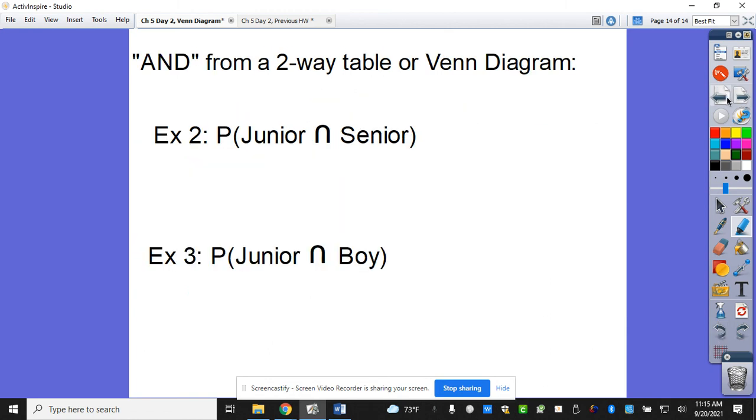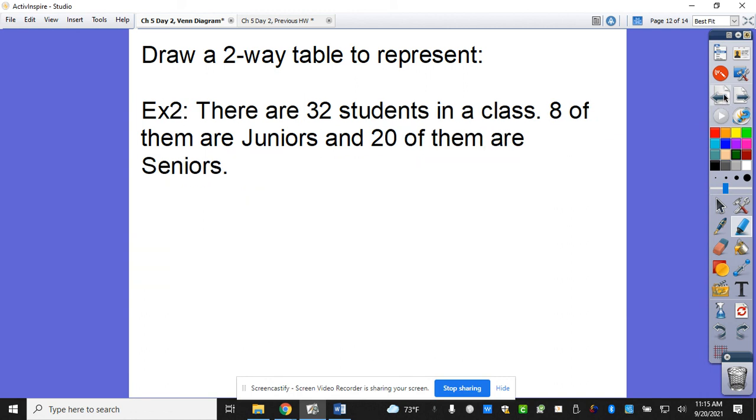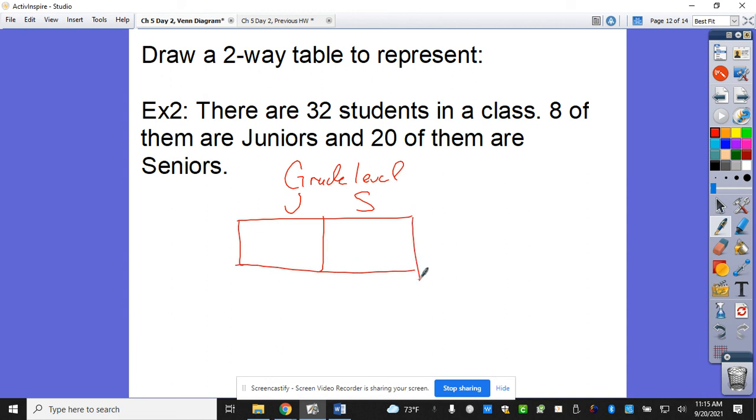So now that we've thought through this one as a two-way table, I don't need you to draw this one, but since it's only one variable, we would only have grade level, we wouldn't have anything over here. This is one that I was thinking about. So how many juniors are there? How many seniors?